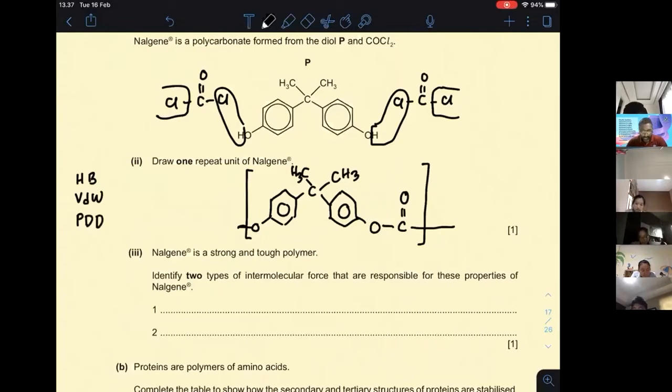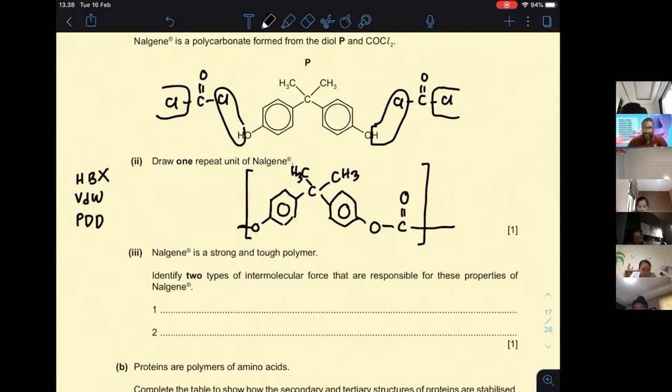Looking over here, I can see straight away there is no hydrogen bonding. Why? Hydrogen bonding must involve hydrogen bonded with N, O or F. I don't see that; there's only oxygen here. So I will ignore this part.